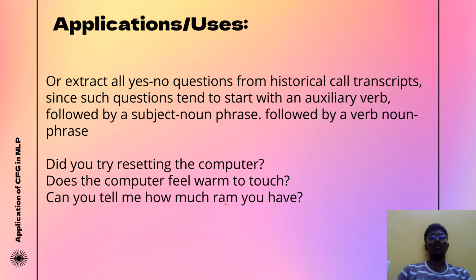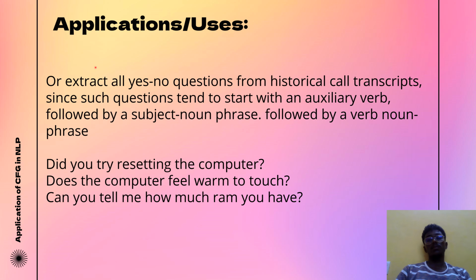Can you tell me how much RAM you have? These are not very simple, but they can be done using a CFG instead of dumping huge amounts of data into a deep learning or an ML algorithm, since this is very efficient and very accurate compared to deep learning in its early stages.